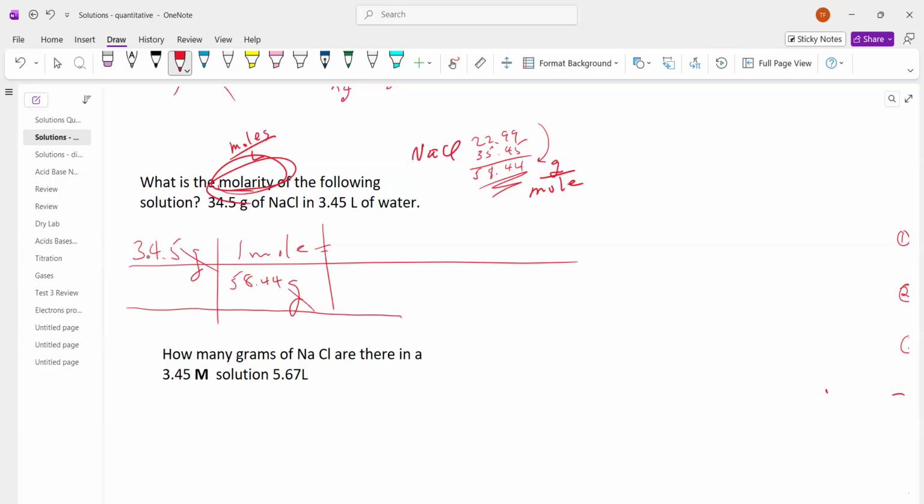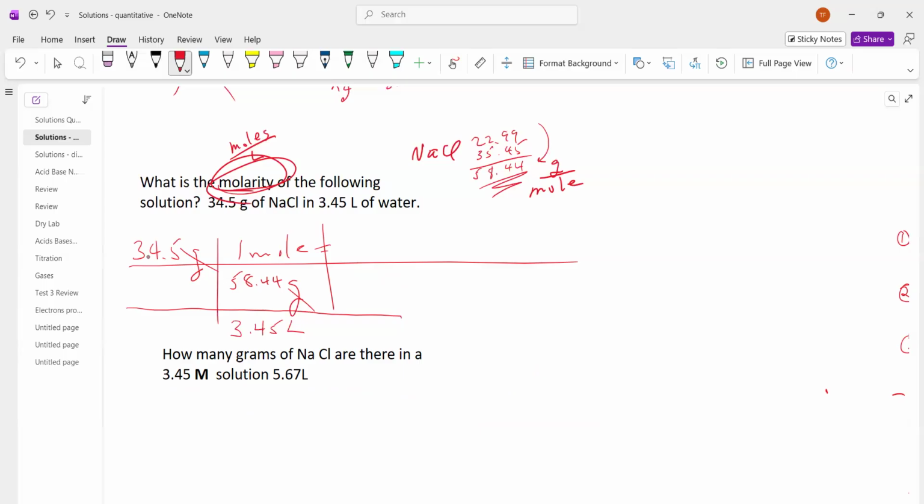And all that's going to be over 345 liters. Now, computationally, there's 2 ways to work this problem. We can do it in 2 steps. First, we can calculate moles, and then we put it over the 345 liters.